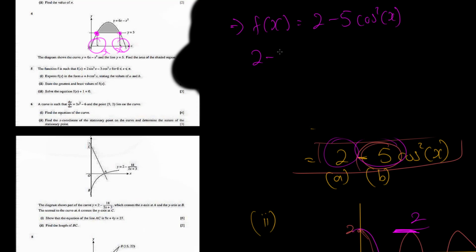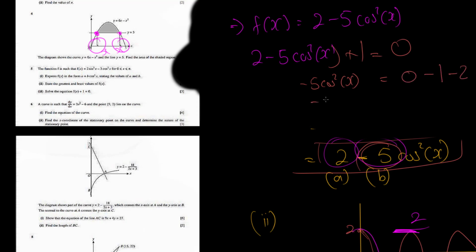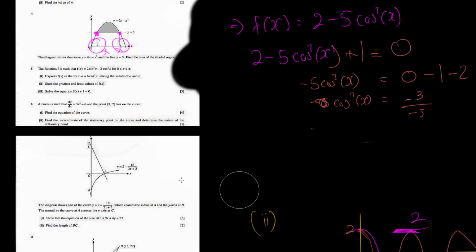So therefore 2 minus 5 cos square x plus 1 is equal to 0. So -5 cos square x is equal to 0 minus 1 minus 2. Okay, minus 5 cos square x is equal to -3, so cos square x is equal to -3 divided by -5.